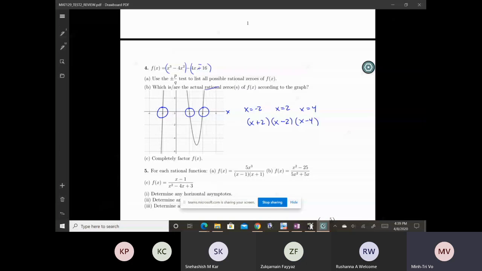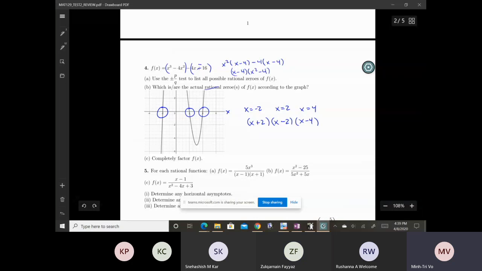So what do you get? x squared comes out of the first one, so that's x squared times x minus 4. And then this has a common factor of 4, so you get 4 times x minus 4, because this is minus. Now both of these have x minus 4, so you can write x minus 4 times x squared minus 4.